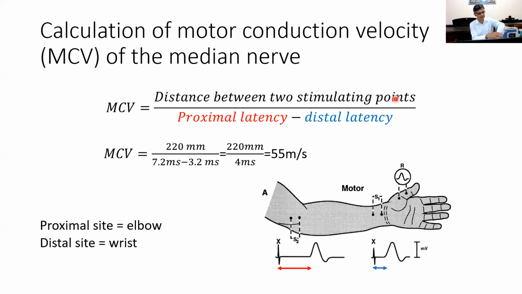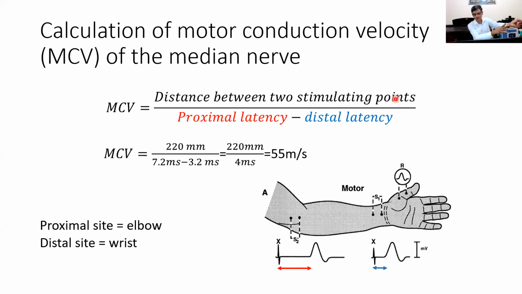So if you stimulate at the wrist, and if you stimulate at the elbow next time, you can mark it. With a small pen, you can draw a small line, and here also you draw a small line. At the end of the recording, you get a meter ruler or some tape and measure the distance between the two sites. How many millimeters?